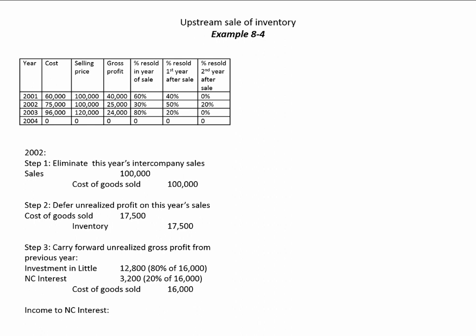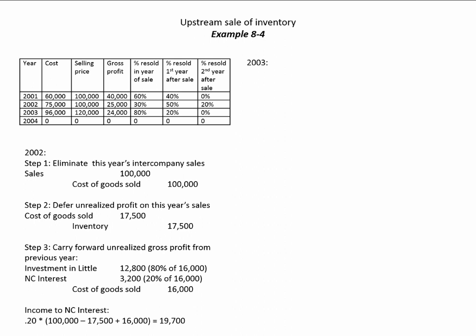The third entry, we have a $16,000 credit to cost of goods sold, so that increases our income by $16,000. So the non-controlling shareholders get 20% of that adjusted/realized earnings, or $19,700. Again, if this had been a downstream sale, these elimination entries wouldn't affect the non-controlling shareholders.